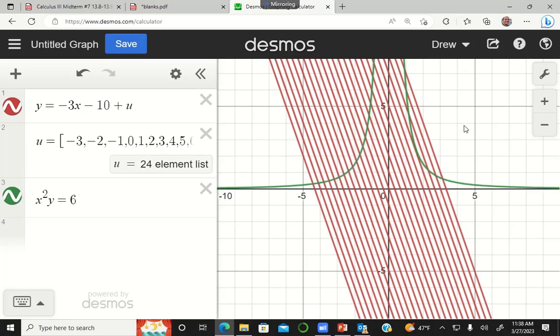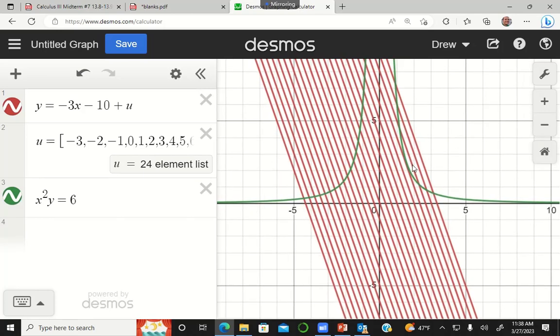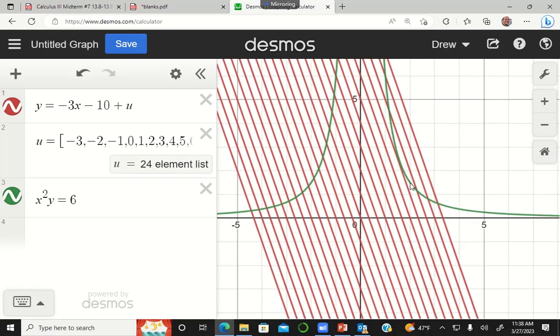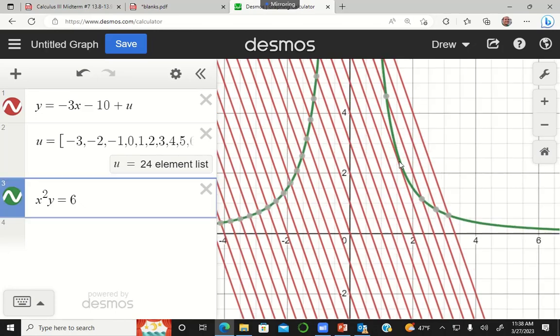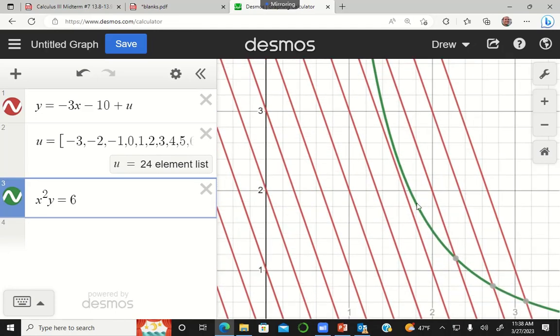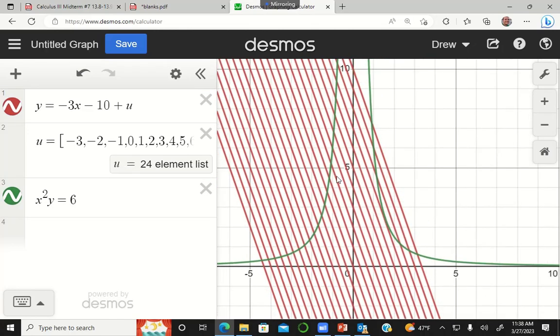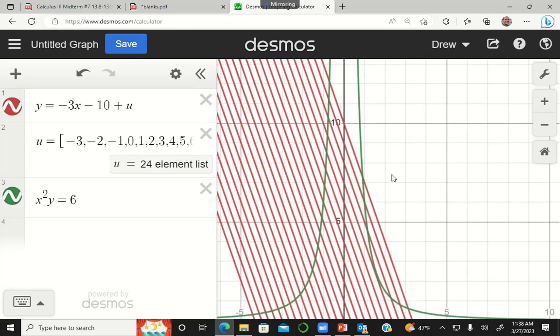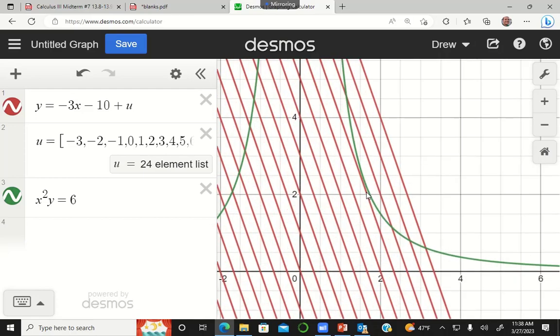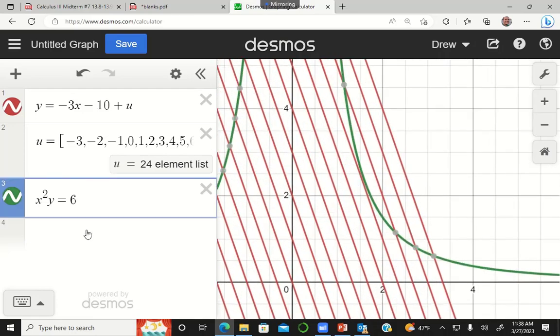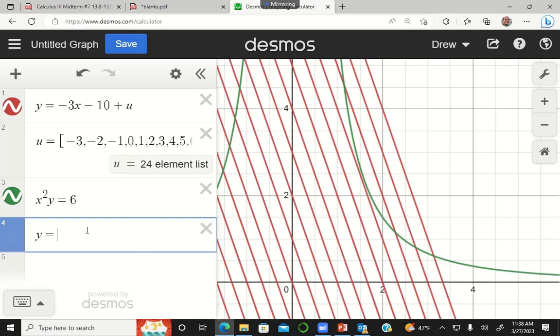Okay? So I'm looking for places where this green curve, my constraint curve, is parallel to the level sets, right? And that means there's a place right here that looks like it's parallel to the level sets. It doesn't seem like it would be parallel to the level sets anywhere except for this point, okay?